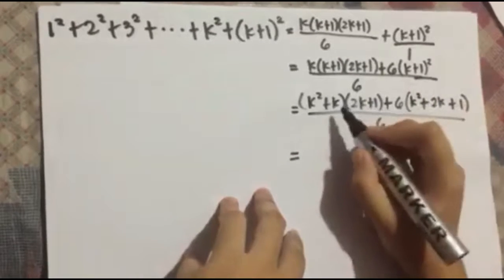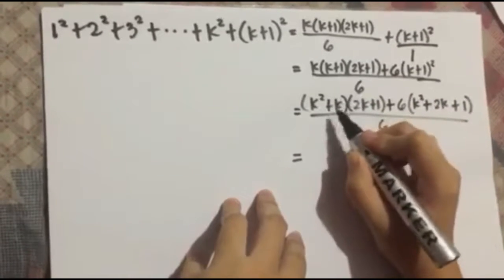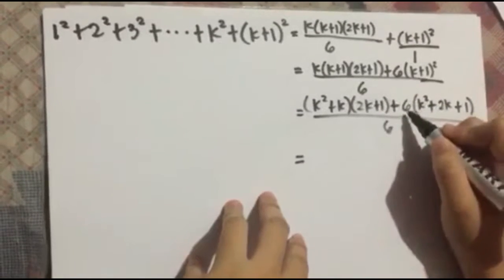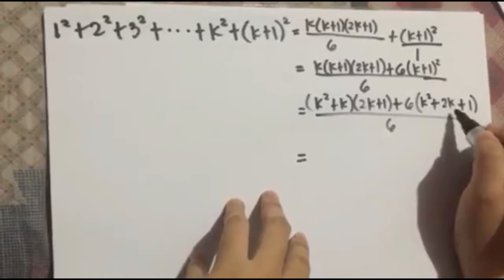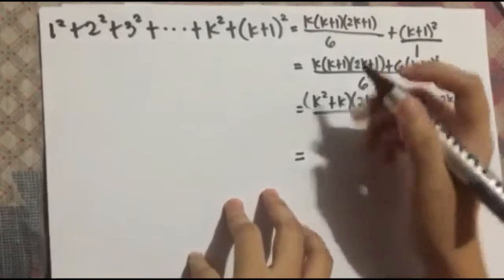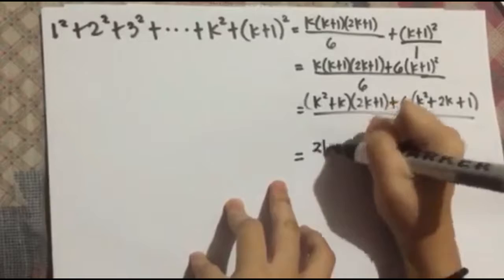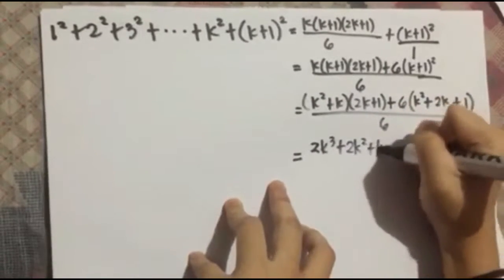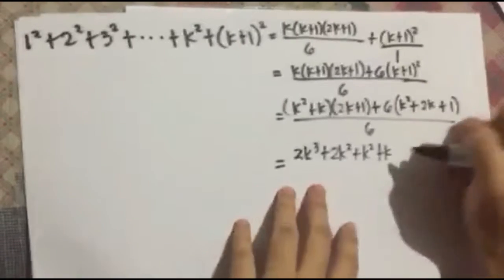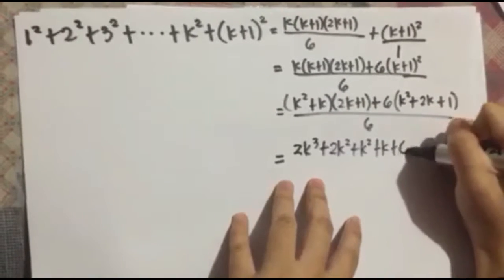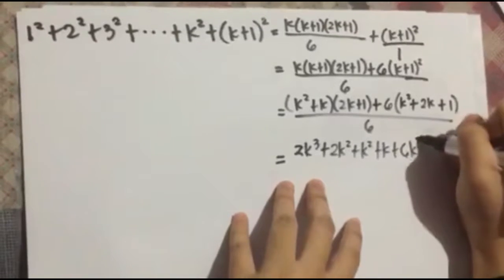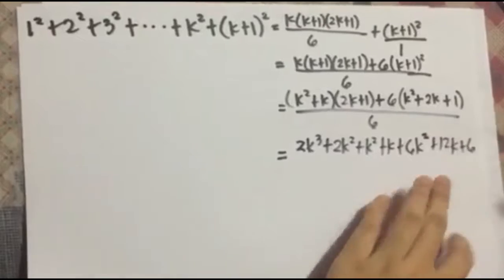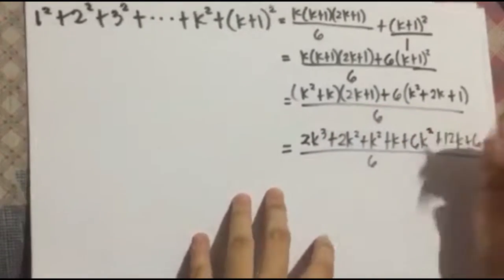And then we need to multiply k squared plus k to 2k plus 1, then multiply 6 to k squared plus 2k plus 1. So it becomes 2k cubed plus 2k squared plus k squared plus k plus 6k squared plus 12k plus 6 over 6.